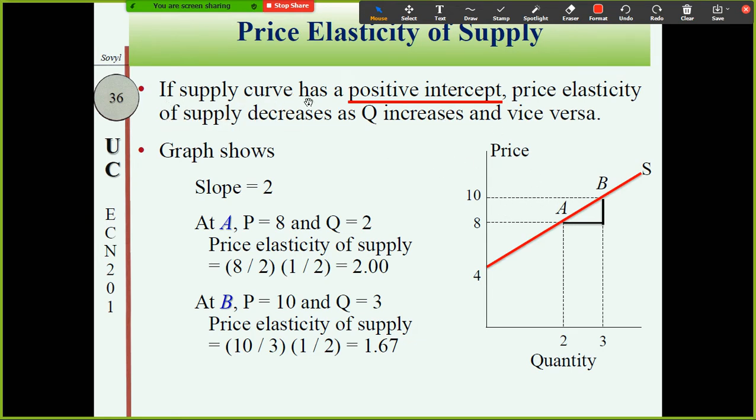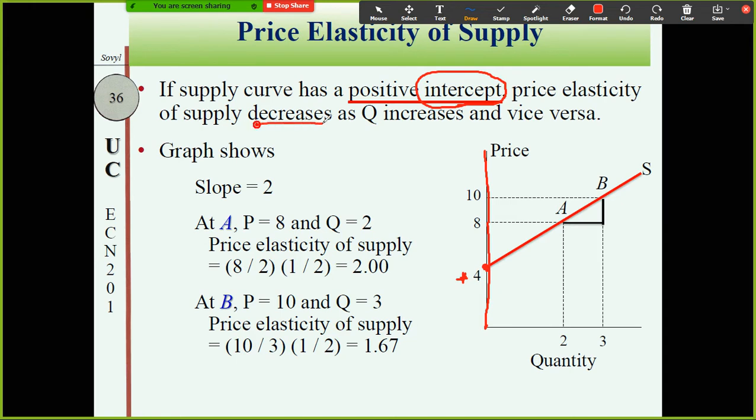If the supply curve has a positive intercept, again positive intercept. What is an intercept? The intercept is the point where the curve intersects the price axis. So this point is positive. If the supply curve has a positive intercept, price elasticity of supply decreases as the quantity increases.